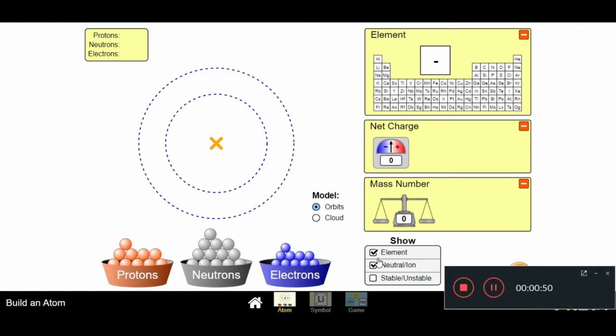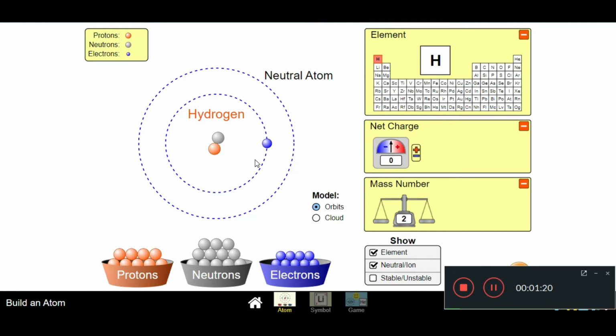For this one, I just ticked the element and neutral or ion. So basically an atom has at least a neutron, a proton, and an electron.